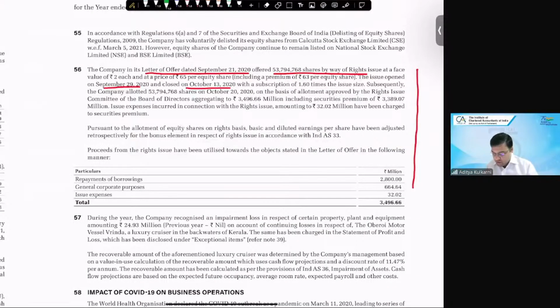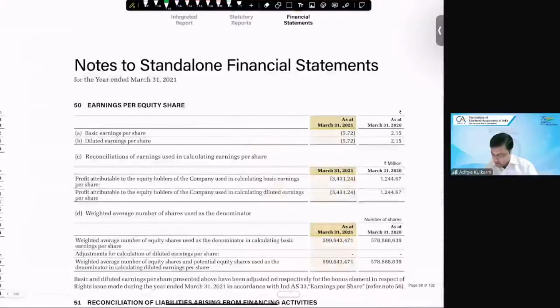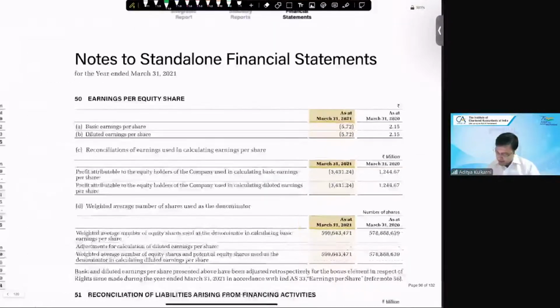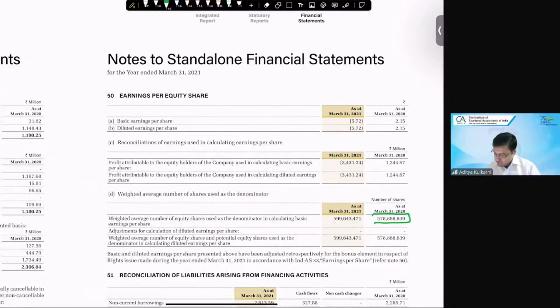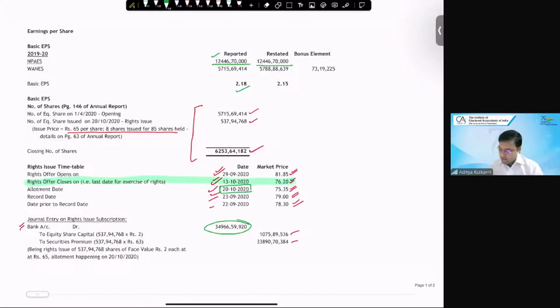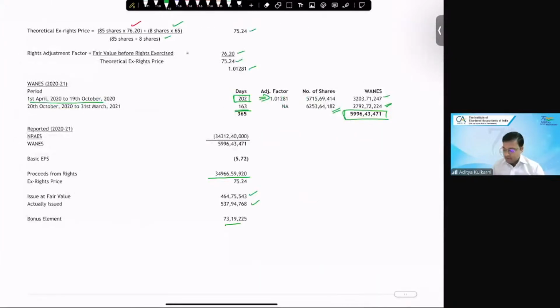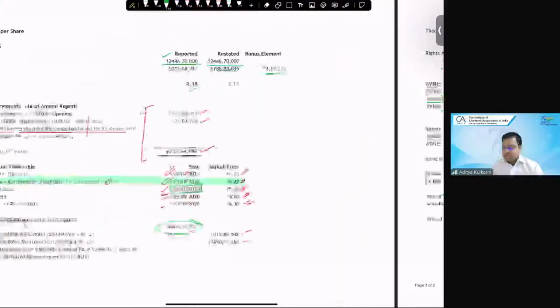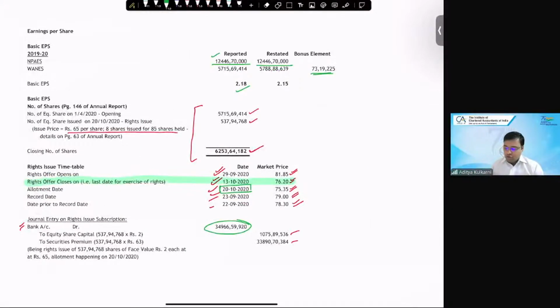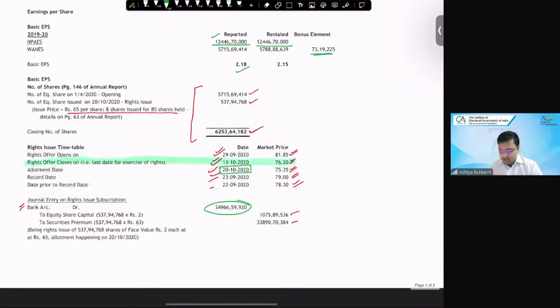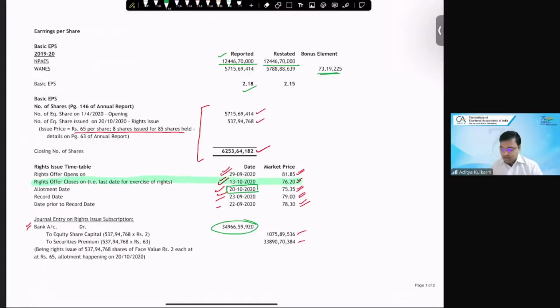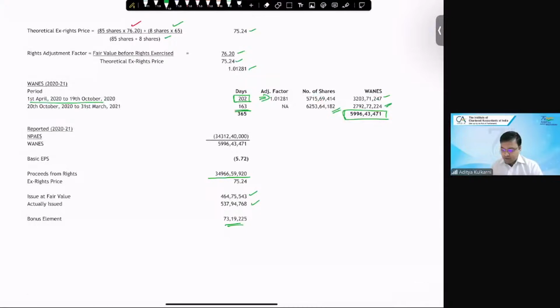If I go to earnings per equity share, 578888, this is your bonus component, which we have already calculated separately. Is it okay? Yes, sir. 2.18 reported is becoming 2.15 restated. So this goes as your basic EPS for 1920.